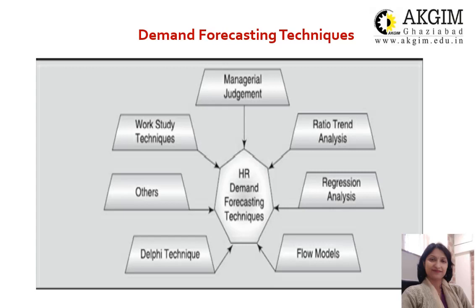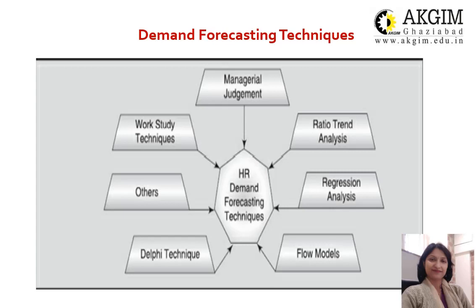Then ratio trend analysis, finding out the ratio, that what job requires how many employees, what tasks basically. It is a quantitative method of forecasting technique. We have already discussed it with the help of example in our class. Then regression analysis also has been discussed in the class with examples. And flow models, that is the movement analysis, what would be the movement of employees.